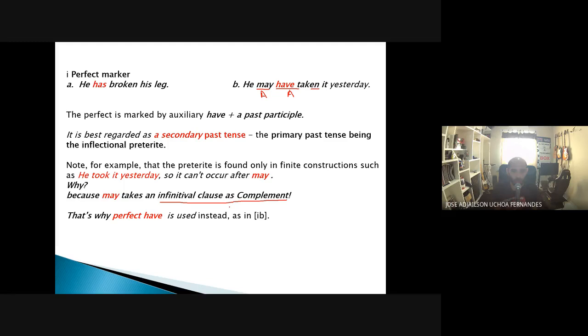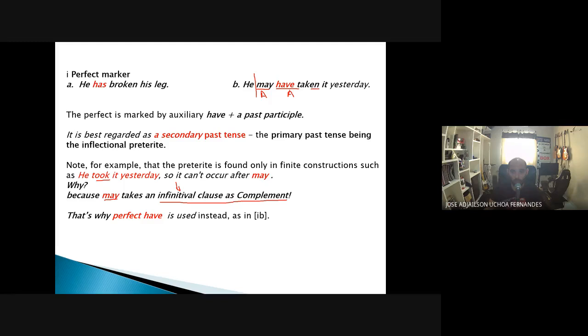I don't know if it's clear for you. Is that why we can't use took after may? There's no he may took. He may have taken. Is it clear why? Because may will require an infinitival form of the next verb. And that's why we use a perfect marker and a verb in the participle. Is that clear?